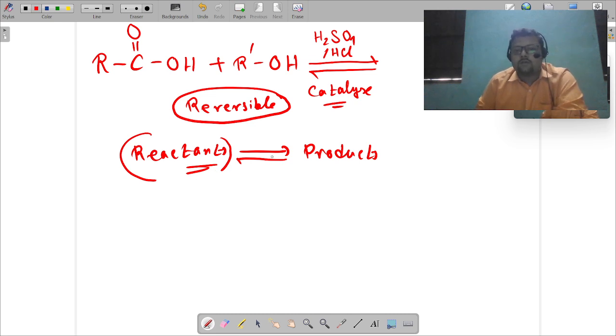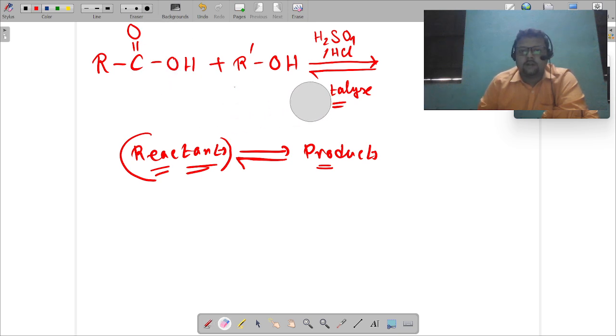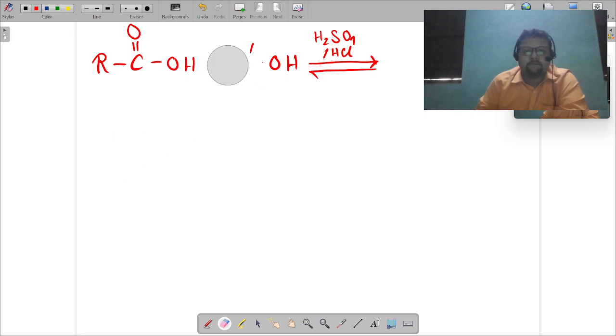So in order to prevent the backward reaction, meaning the production of reactants from the products, we need to catalyze this reaction in the forward direction. For that we need some sort of catalyst, a role which is played by sulfuric acid or HCl in this specific case. So let's now look at the actual mechanism.